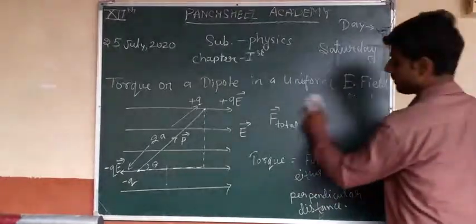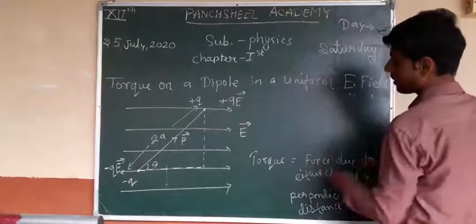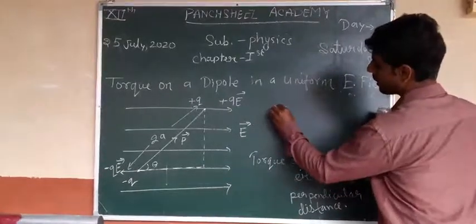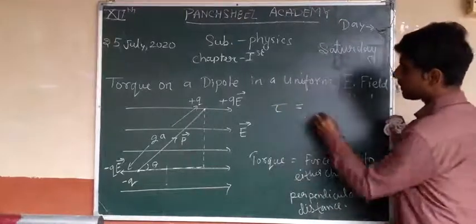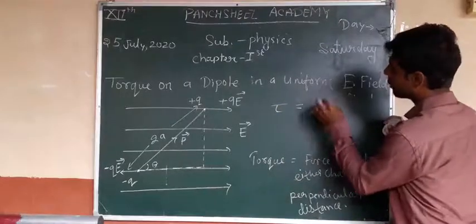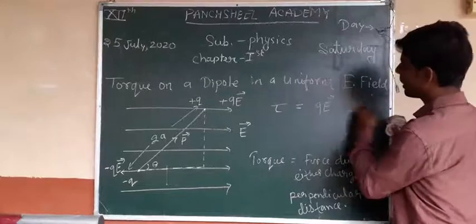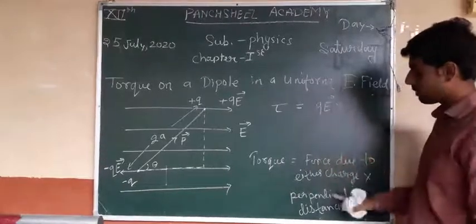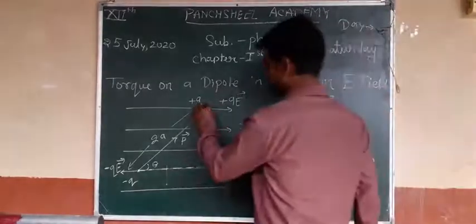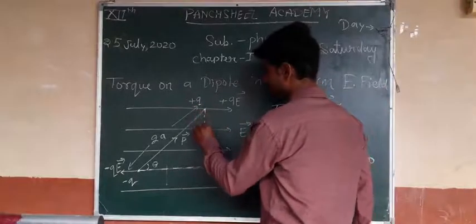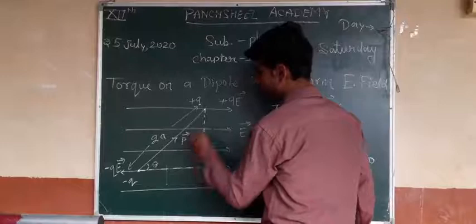Torque is denoted by tau and force is QE. What is the value of force? That is QE. And what is the perpendicular distance? Perpendicular distance means this distance.